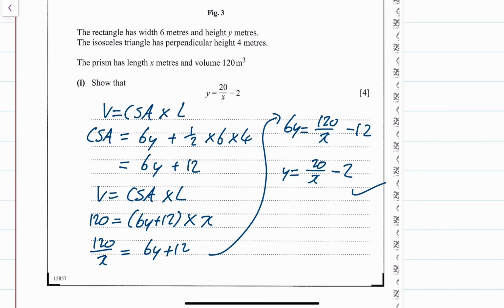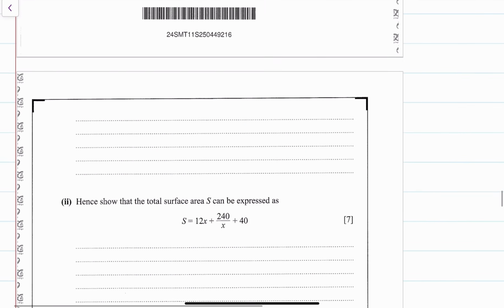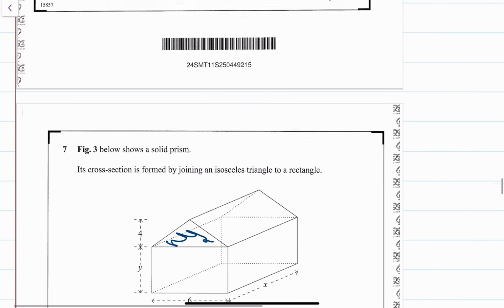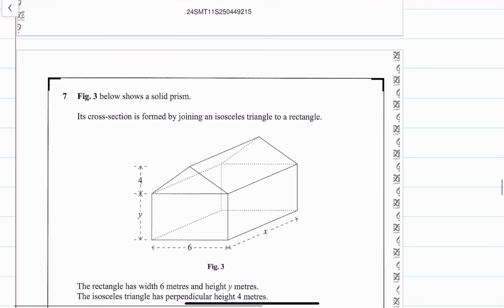It says, hence show that the total surface area of S can be expressed as this thing here. Okay, right. To get this total surface area, you're going to have this rectangular side, which is a slope. You're going to have 2 of those. You're also going to have 2 of these sides, and you're going to have 2 of the ends, just 4 by y, and then is that it?